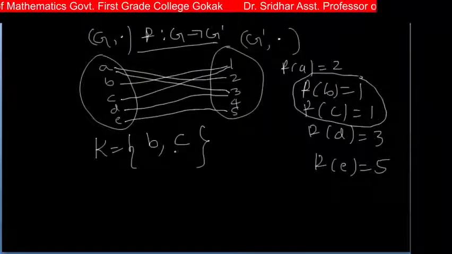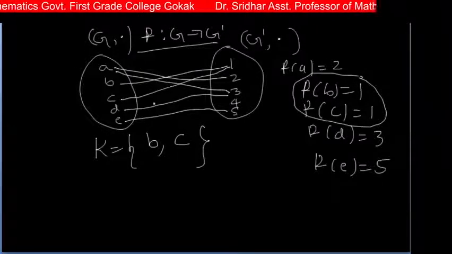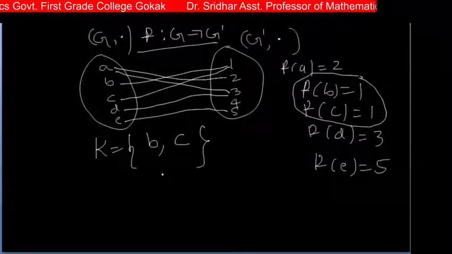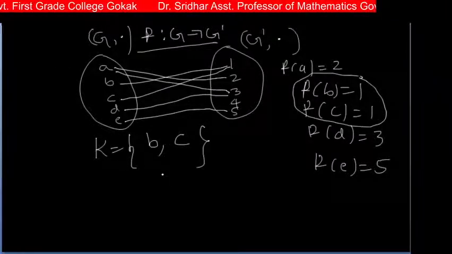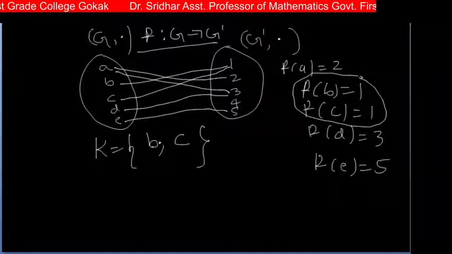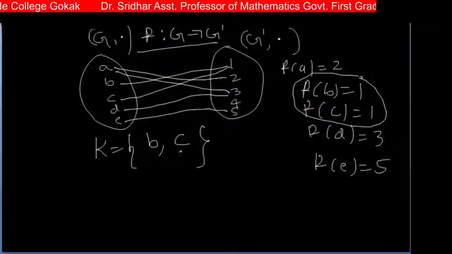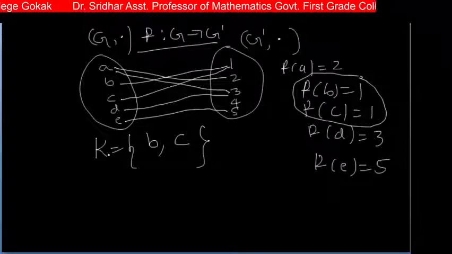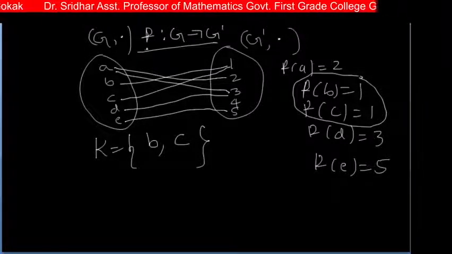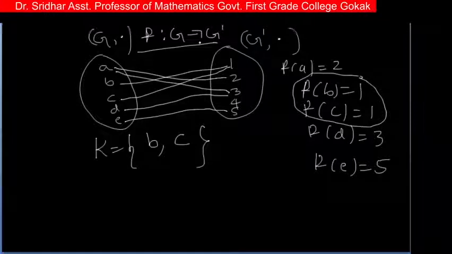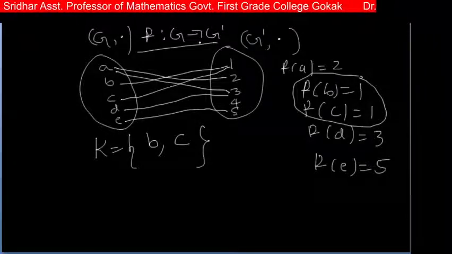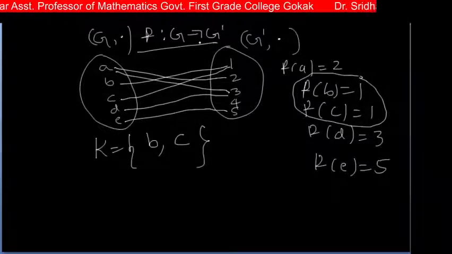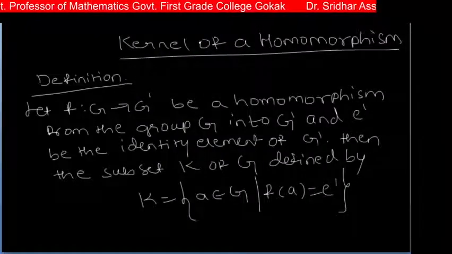So B and C are the kernel of this homomorphism on group G. So K is the kernel which contains the elements B and C. K is the kernel of this homomorphism f from G to G dash. So this is the definition of the kernel of a homomorphism. Next, we see some examples.